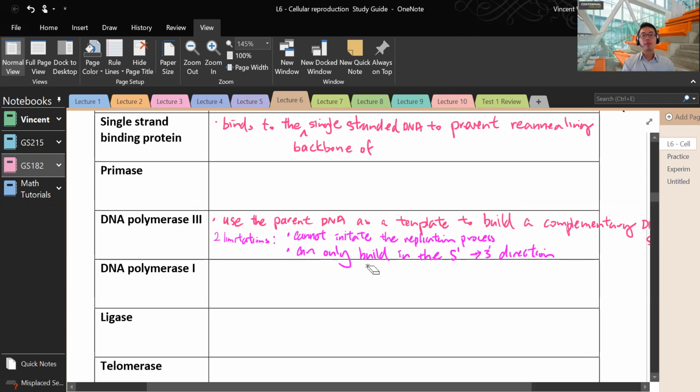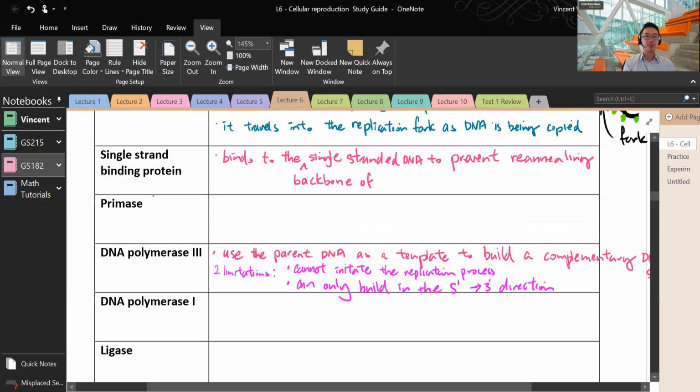So how do we solve this problem? To solve the first limitation, that's why we need primase.